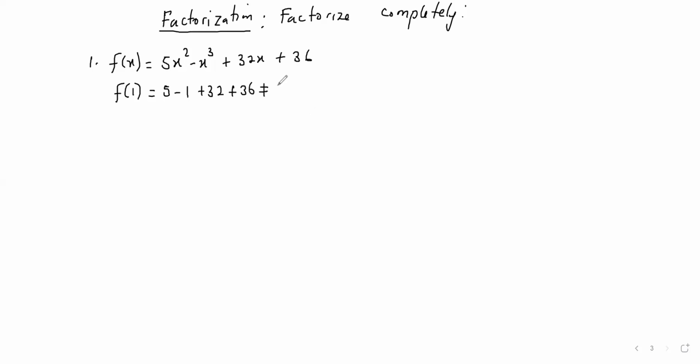This cannot be 0. So we substitute -1. We'll find 5 plus 1 minus 32 plus 36. So this also is not 0.